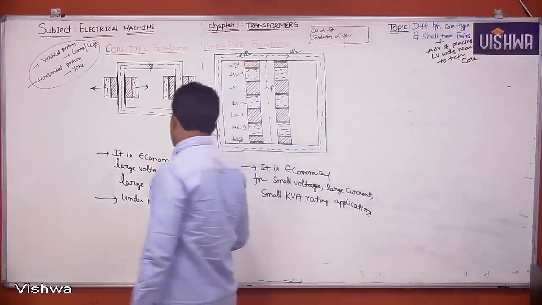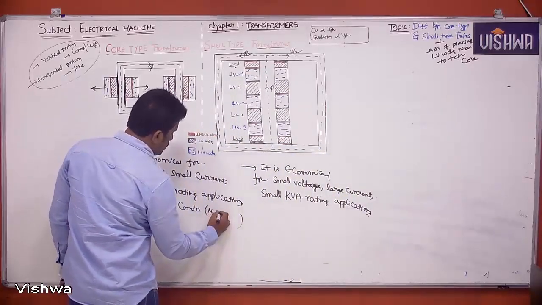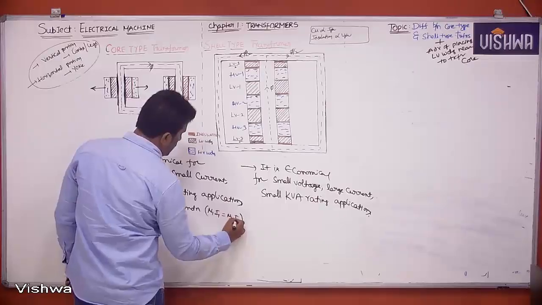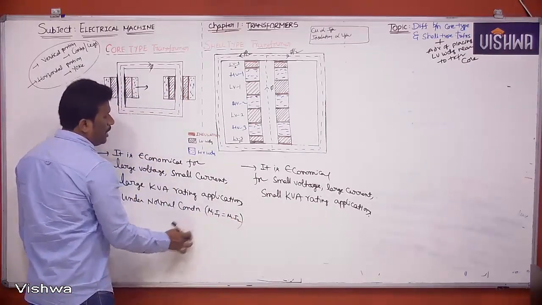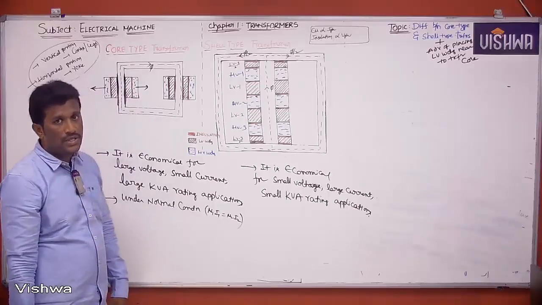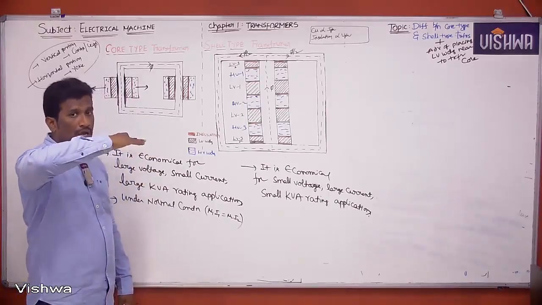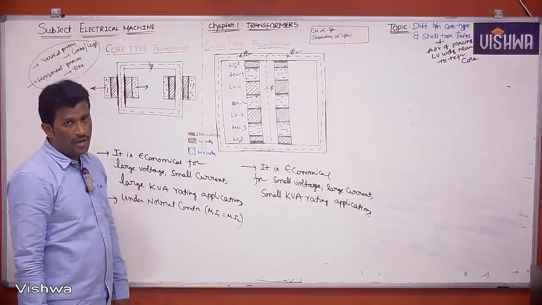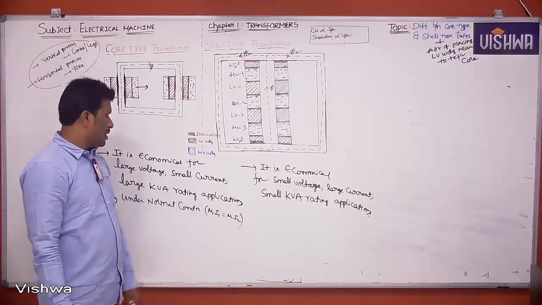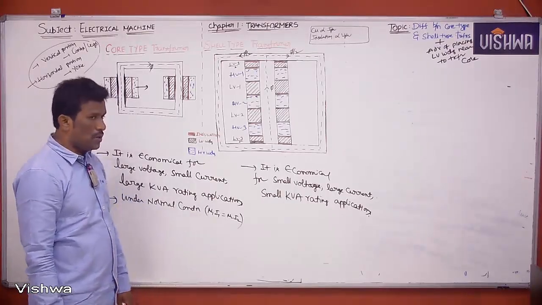Normal condition means N1I1 equals N2I2. Do you remember this condition? If I keep this condition, phi 1, phi 2 dash and phi 2 will cancel with each other. Core flux, only phi, will be there, that I told. The transformer is a constant flux device. So normal condition: N1I1 equals N2I2.